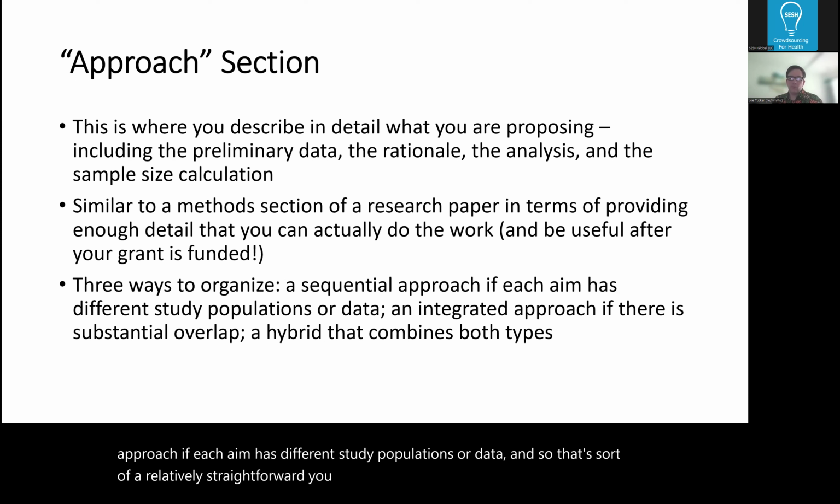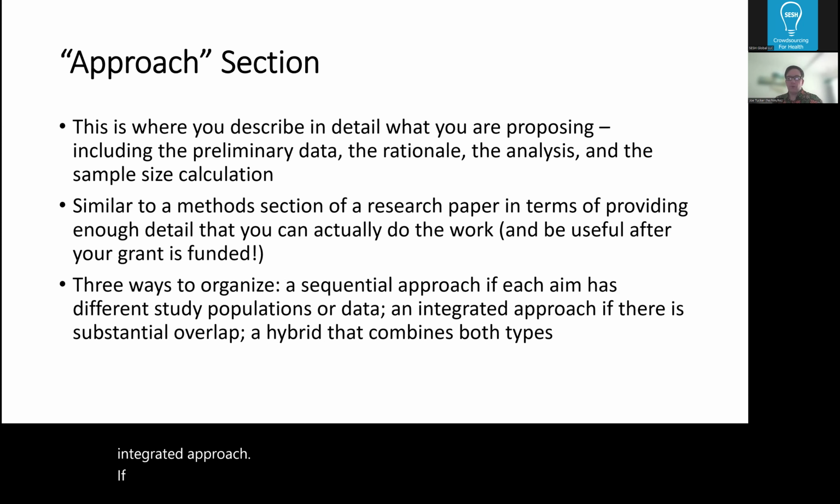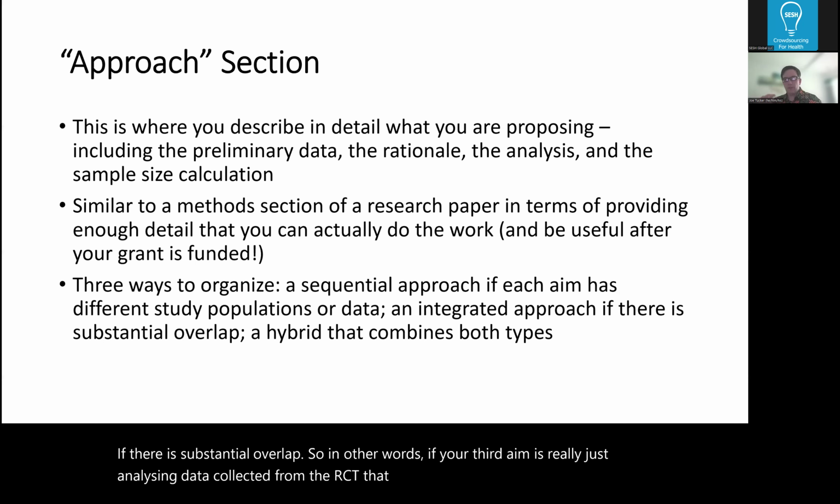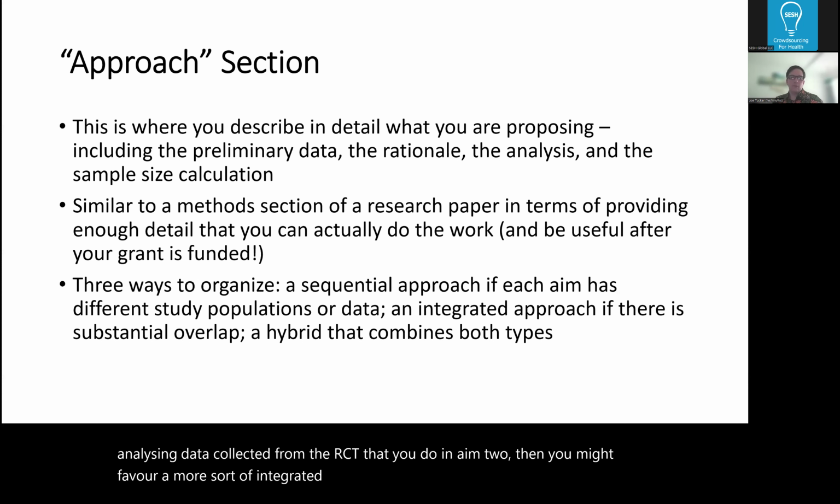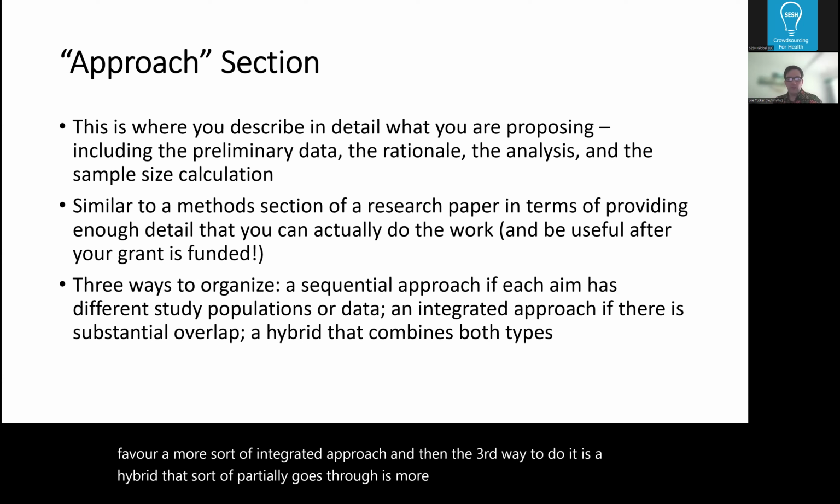The second would be an integrated approach if there's substantial overlap. So in other words, if your third aim is really just analyzing data collected from the RCT that you do in aim 2, then you might favor a more integrated approach. And then the third way to do it is a hybrid that partially is more sequential, or partially is more integrated.